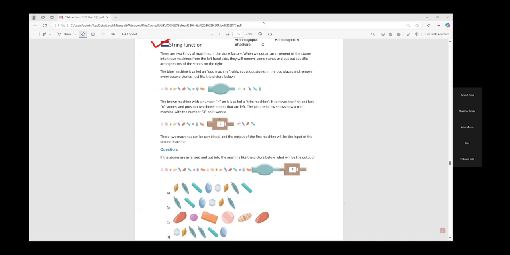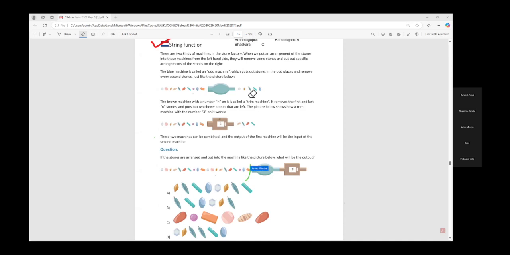Okay. So, according to the instructions that are given, there are two machines: the odd machine and the trim machine. The odd machine will take out all the odd stones, starting from the second stone.